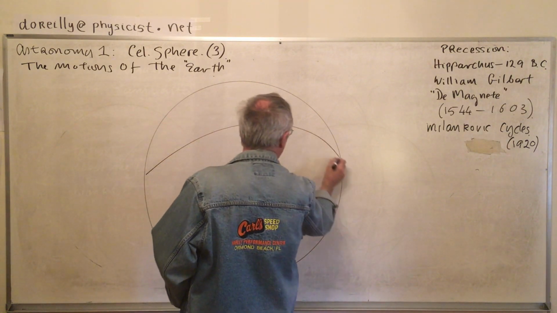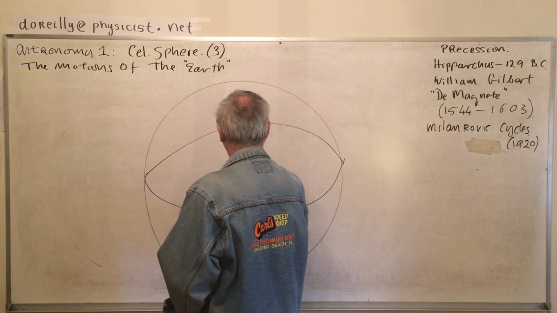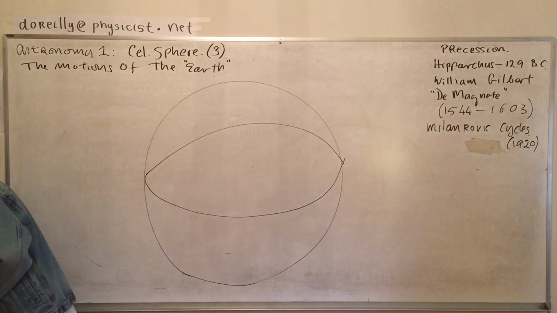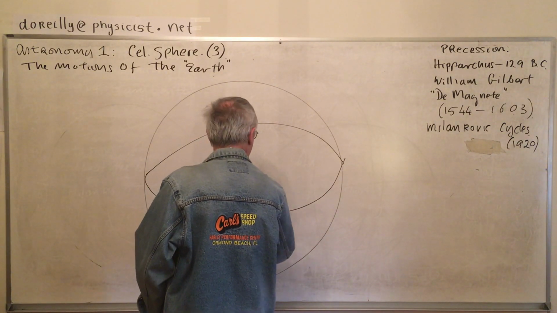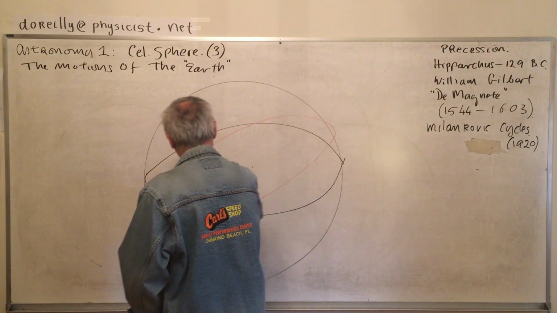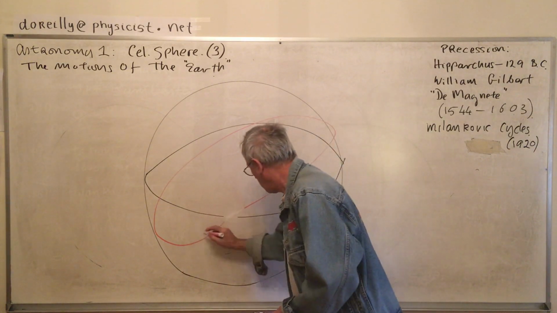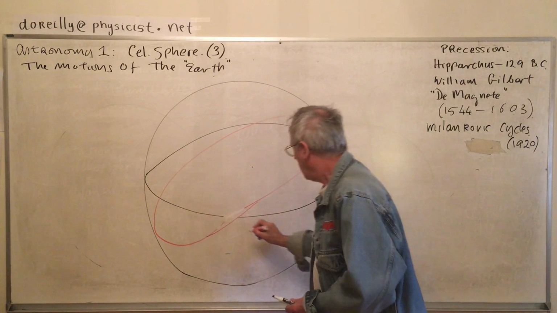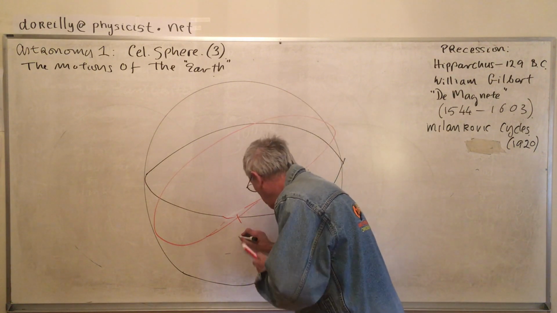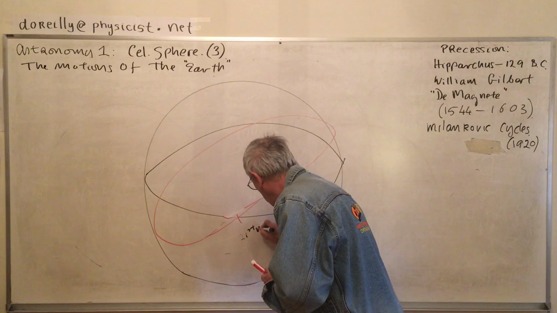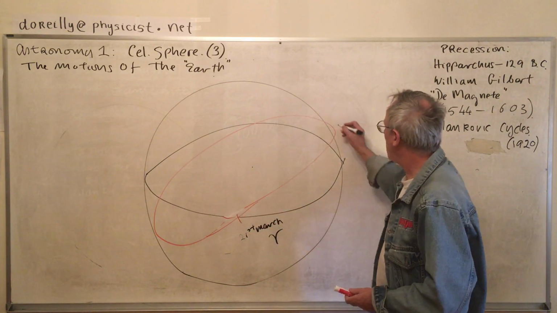Now I'm sorry I'm not doing the best circles for you guys, because when I put them on the board I don't have time to correct them. Now, this red circle is the path of the sun across the night sky.